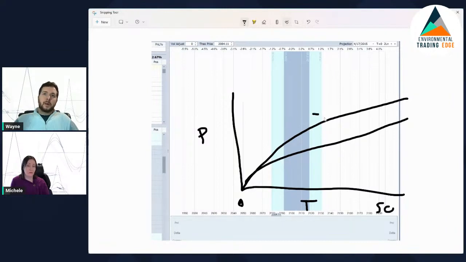If you were to sell an option right here, and that event happens, and it drops all the way down here, what happened? Well, it was just like you fast forwarding 10 days.